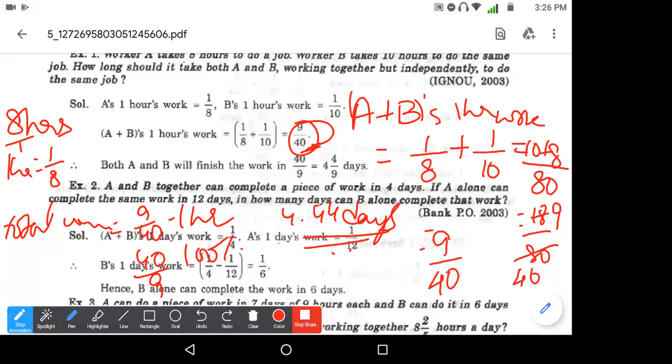That's what they asked us: how long will it take for them to complete the job? So it will take 4.44 days for both A and B to finish the work. So this is your time and work. One thing you have to understand is these rules. Okay, I hope it is clear to everyone.